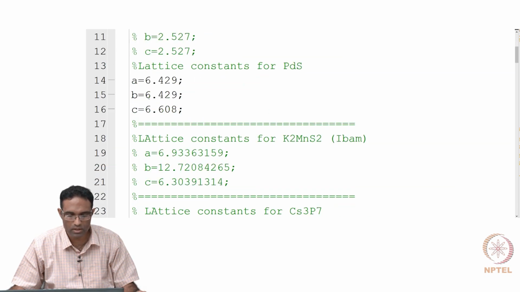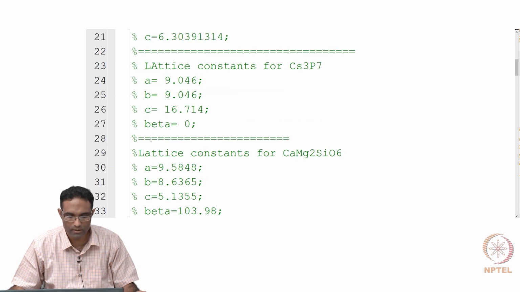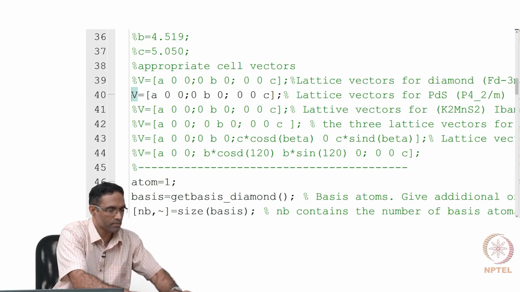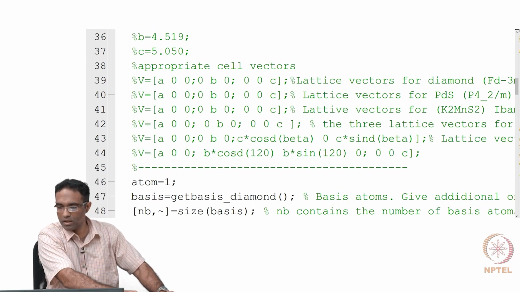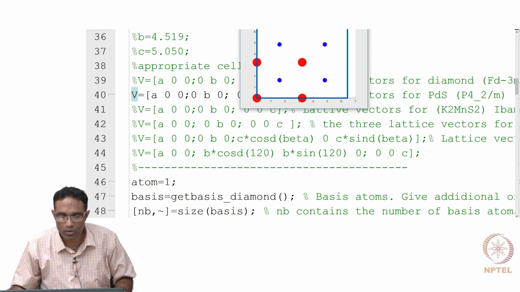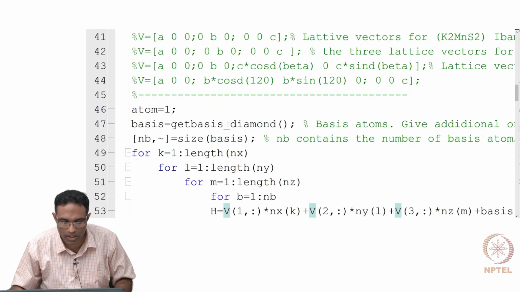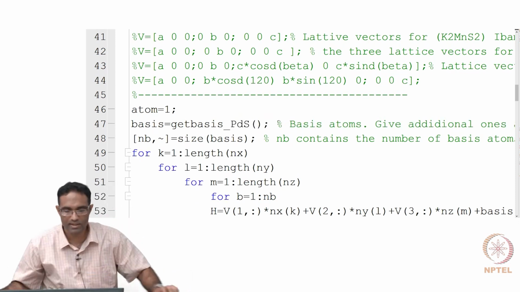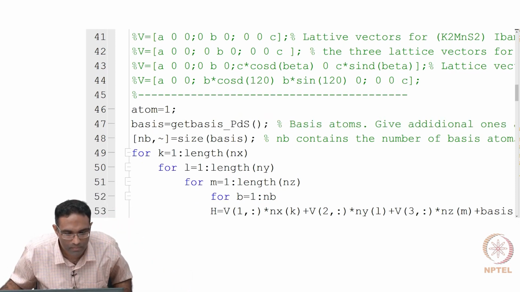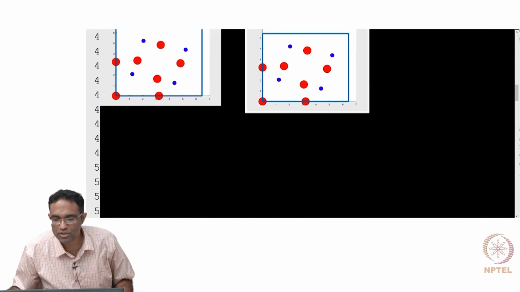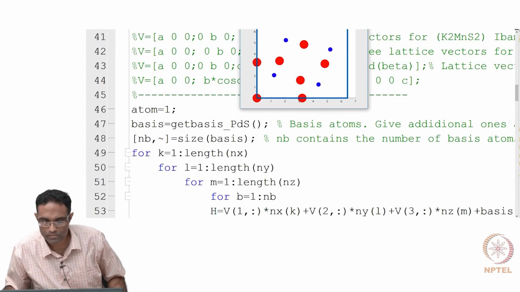We just have to choose the appropriate lattice constants and the appropriate lattice vector. Oh, sorry, you remind me. I need to change the get basis command to be that of PdS. And that is the crystal structure for PdS.